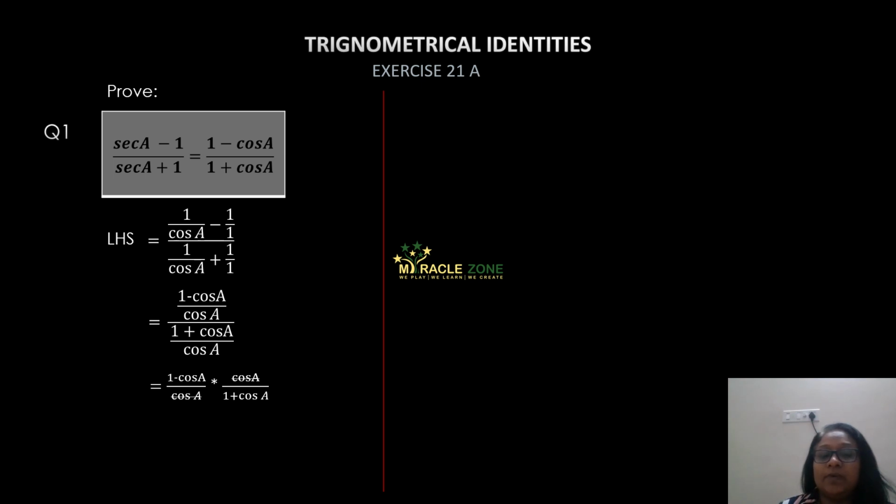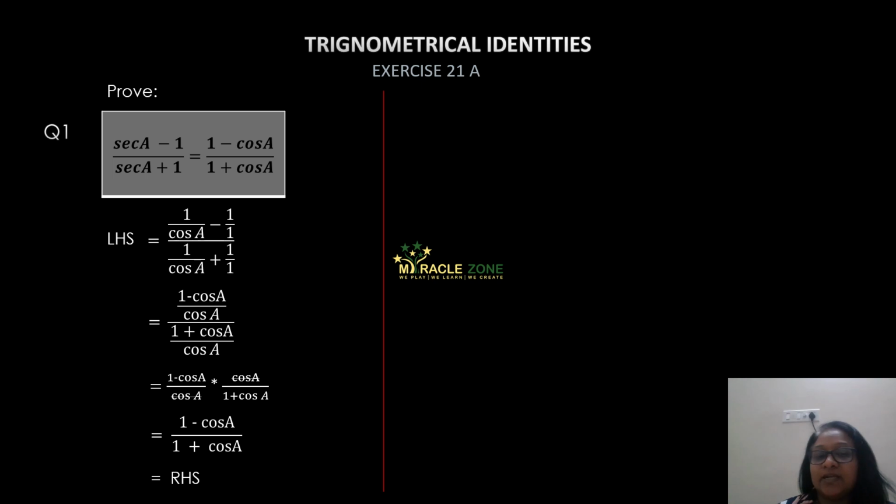That means the same thing we can write as 1 minus cos A by cos A into denominator will come into numerator, so that is cos A by 1 plus cosec, and cos A will get cancelled and you will get 1 minus cos A by 1 plus cosec. So hence this is proved.